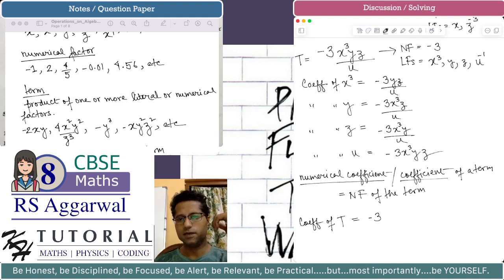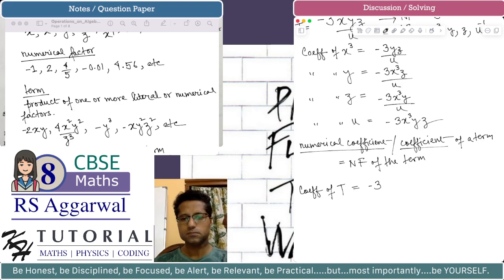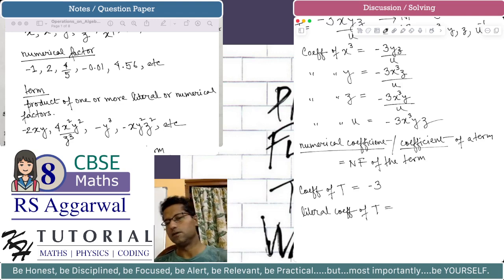Now what is the literal coefficient of a term? There is another concept of literal coefficient. The literal coefficient of t is everything in the term except the numerical coefficient or the coefficient.